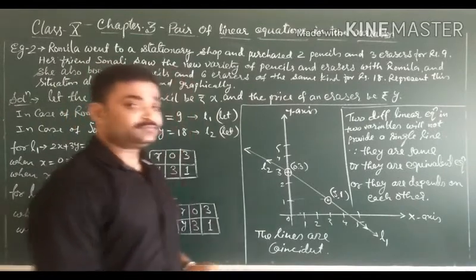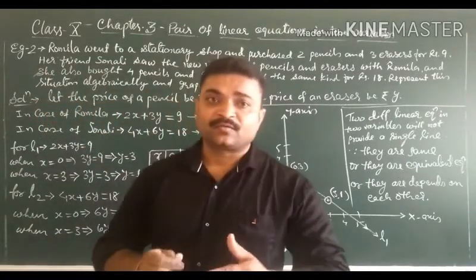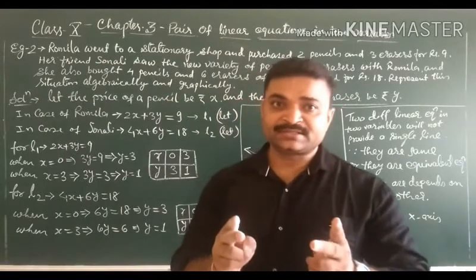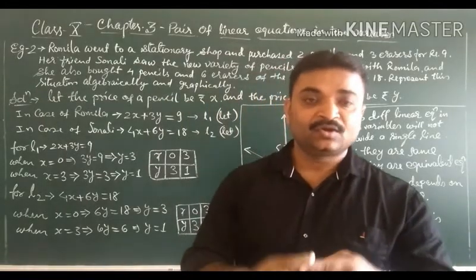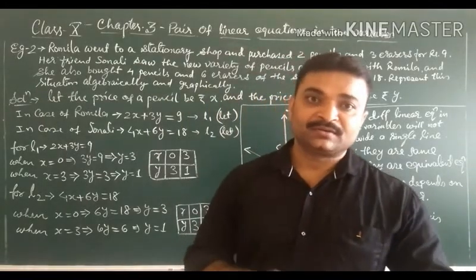Okay students, so up to here what we have studied: 2 lines, either they are intersecting or parallel or coincident.